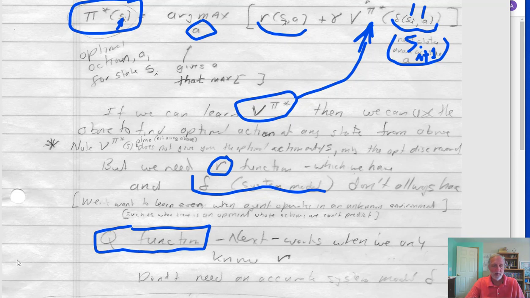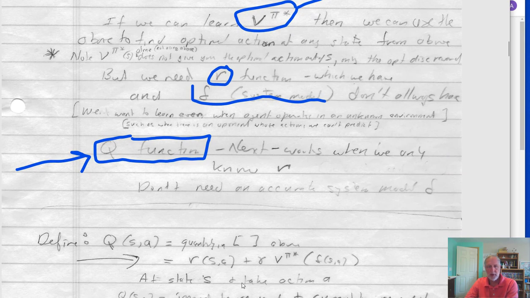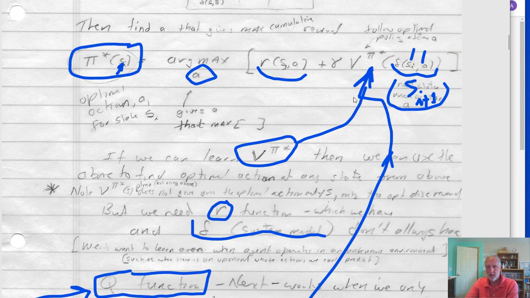So the idea here is that if we somehow can calculate a Q function, we don't need to be able to predict where the robot will be in the next step. So we're going to define Q to be this quantity up here in brackets in this formula. It's going to be this whole thing here.